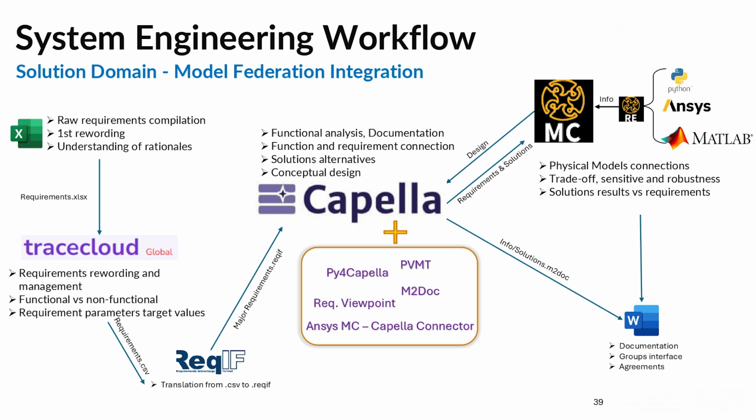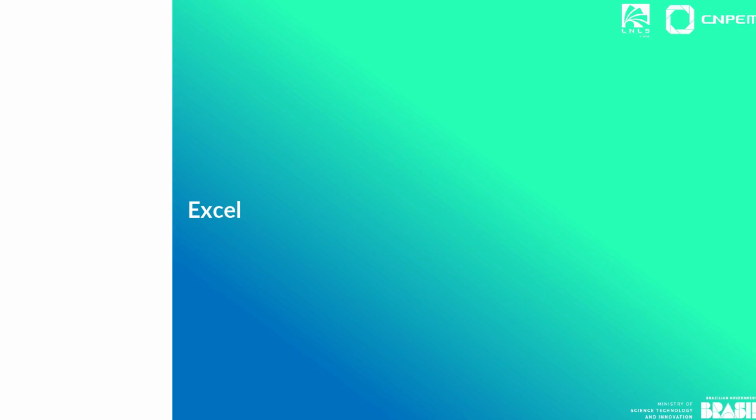After this, some iterations happen, and when we are happy with our design, we can generate documentation from ANSYS Model Center, or the best way, through Capella, the whole design in the complete form.